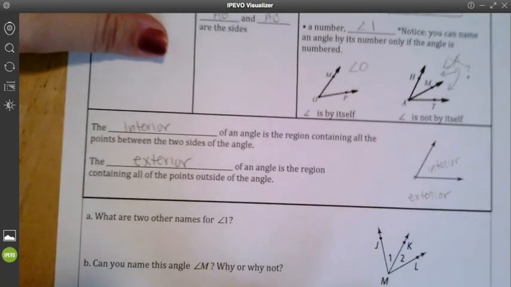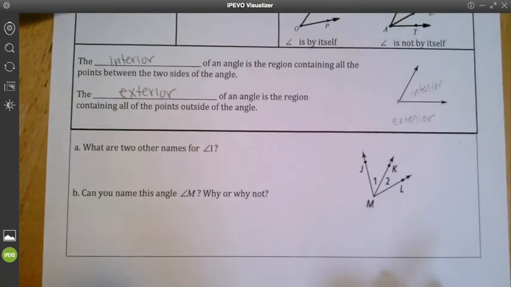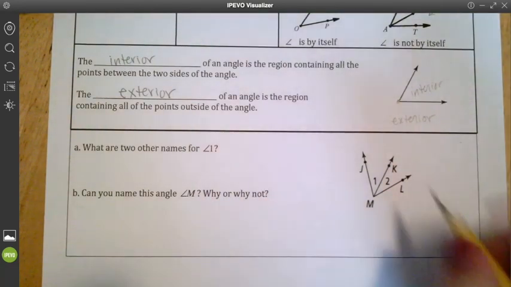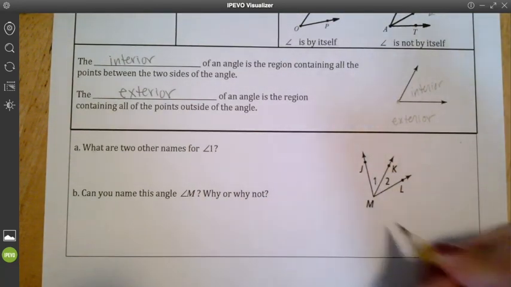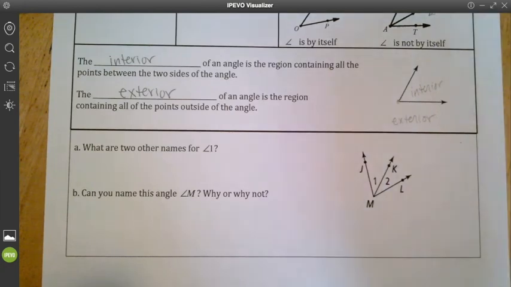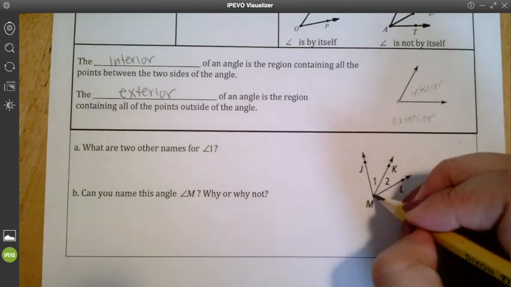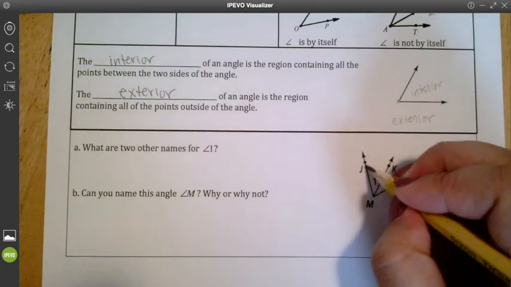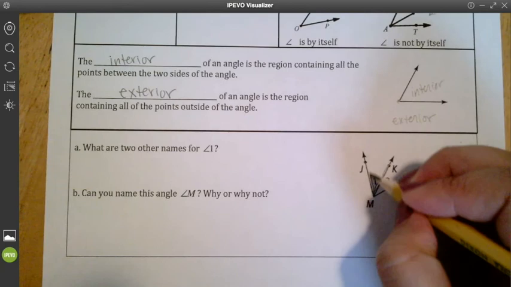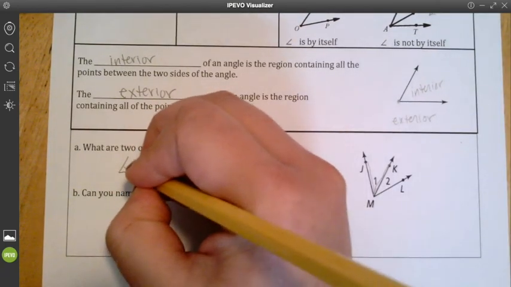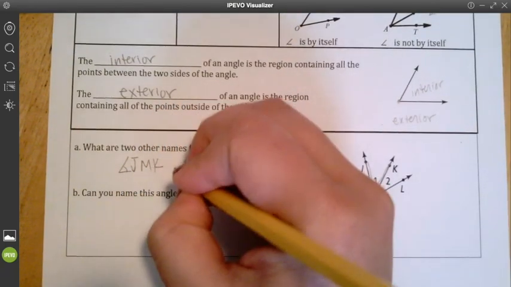So let's practice some of these definitions. What are two other names for angle 1? So here's angle 1. Can we call it angle M? No, because there are two angles here. So we cannot call it angle M. We can call it angle JMK. JMK makes angle 1, right? So angle JMK.